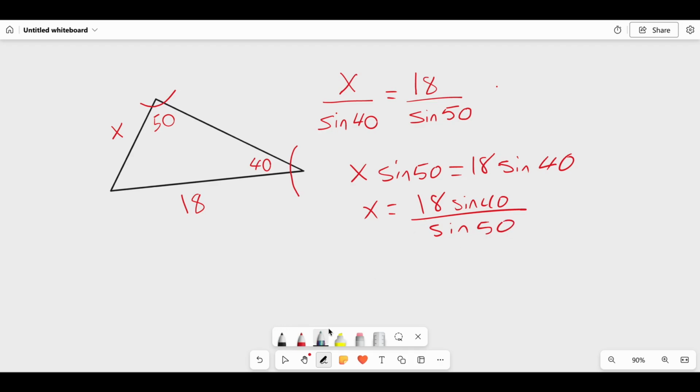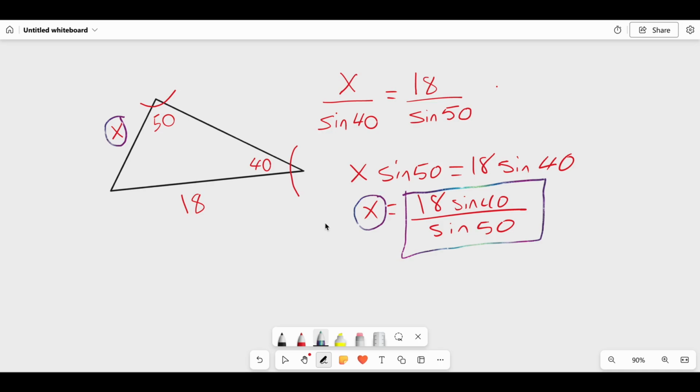So all you need to do now is, using your calculator, find sine 40, multiply by 18, and divide by sine 50. Use your calculator to do this operation, and that's it. And we find this missing side.